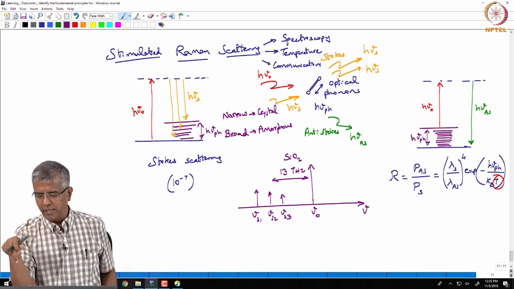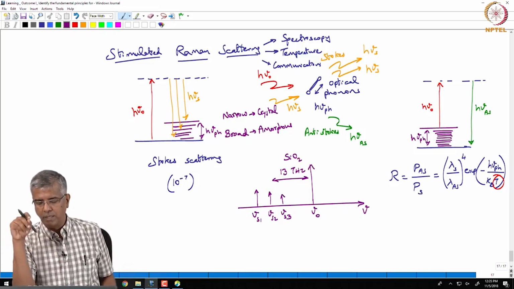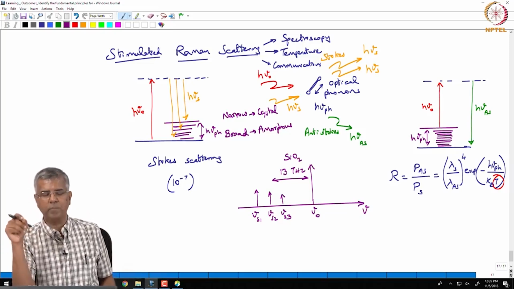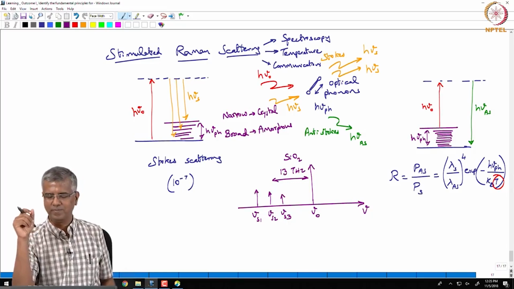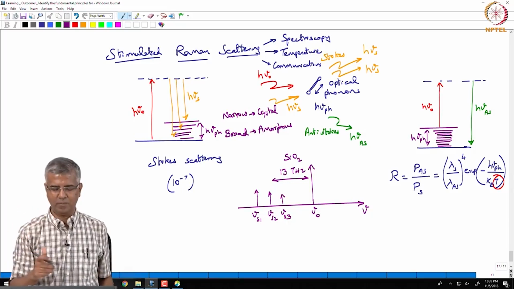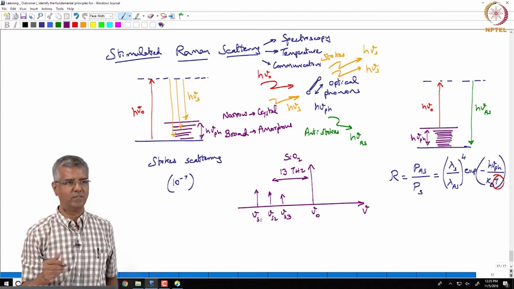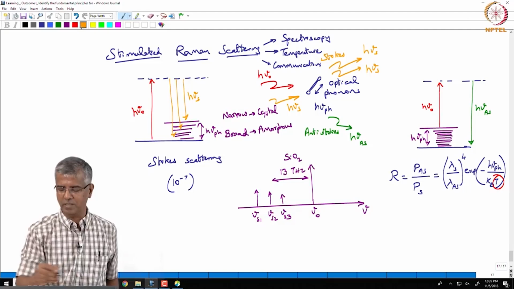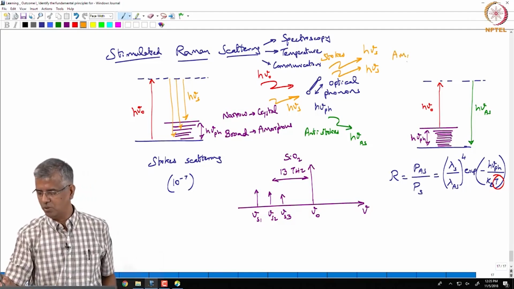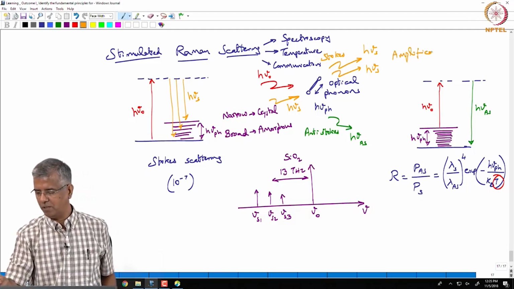But what I was saying is you can get stimulated Raman scattering. And what does that mean? If you are able to get stimulated Raman scattering, what does that mean for this optical process? Amplification is possible here. So, this can give rise to amplification of light.